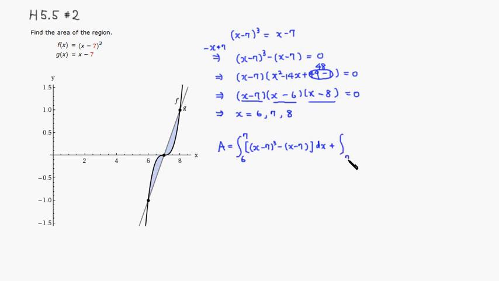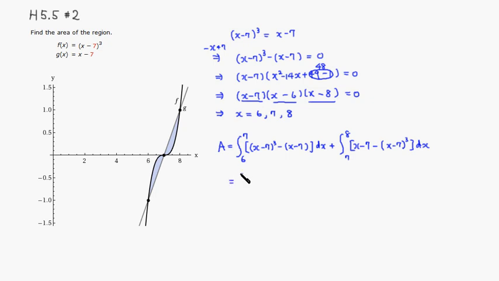From 7 to 8, the straight line is on top, so it's (x - 7) minus (x - 7) quantity cubed, dx. So let's compute that.